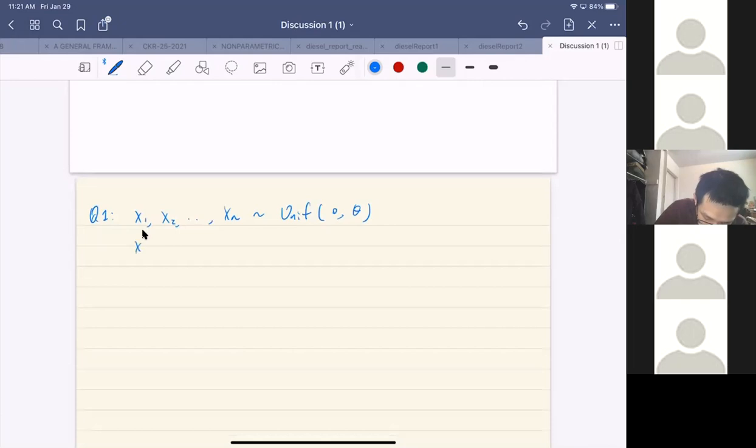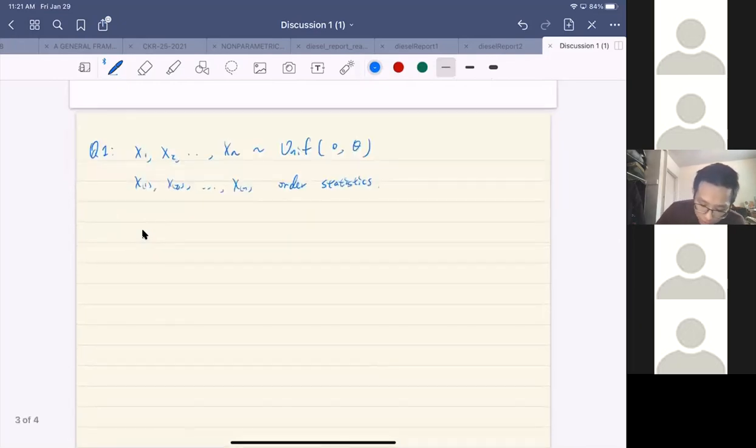And this is the order statistic. And we want to check whether S1 divided by Sn and Sn are independent.